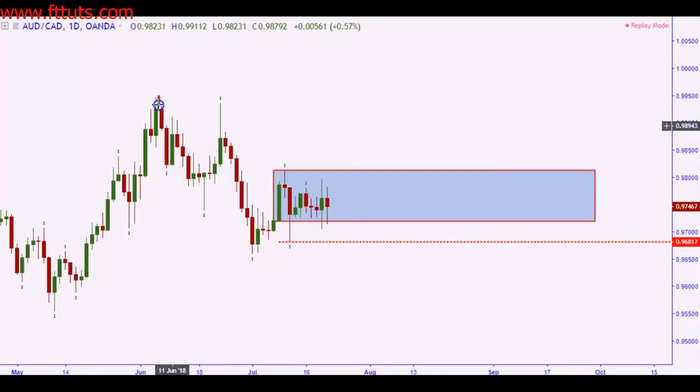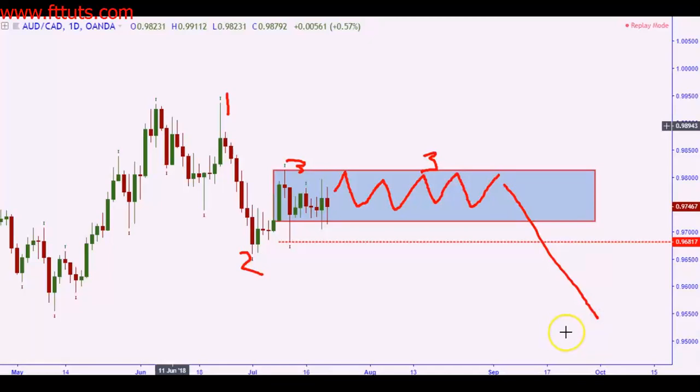Right, so we had this first 1, 2, 3, and we broke 2 to continue to the downside, and here was 4. All right, so now we said 1, 2, 3. Even if the market continues to go over here like this, we could say 1, 2. We could put the 3 in the middle, and then when the market breaks, if it broke to the downside, we would still have 1, 2, 3, and 4 wherever we were looking to shoot.